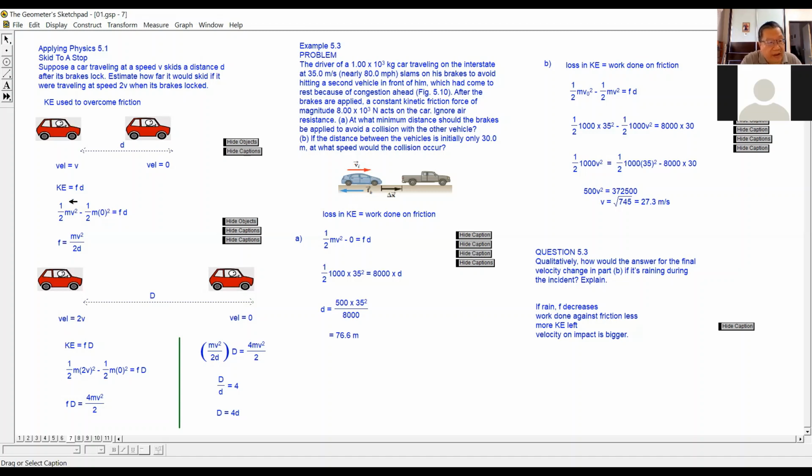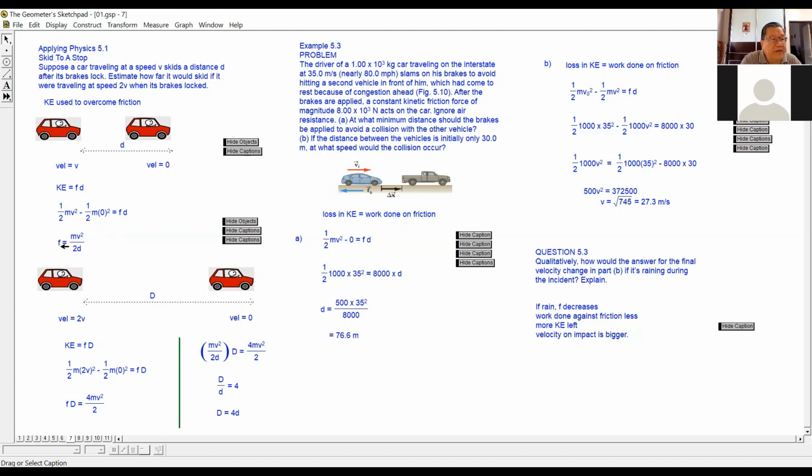The entire kinetic energy of half mv squared is used as work done to overcome friction. So half mv squared equals F times d, where F is the kinetic friction and d is the distance traveled.